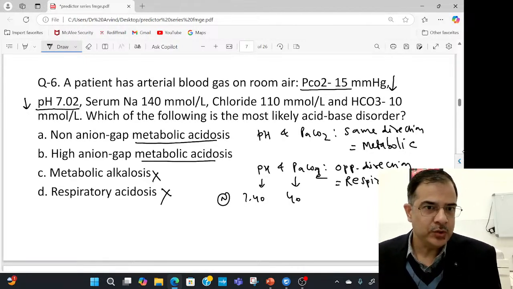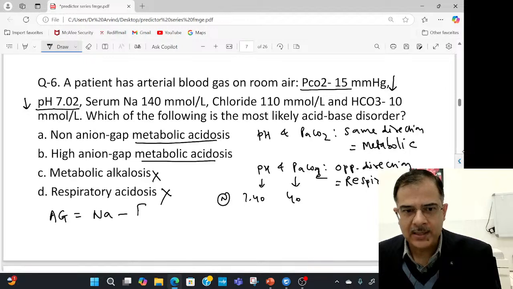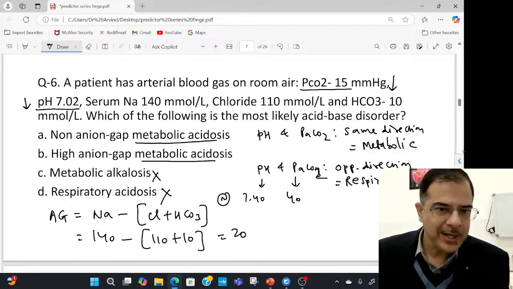anion gap is being mentioned, so you have to calculate the anion gap. Anion gap is nothing but sodium minus the sum of chloride plus bicarb. So sodium is 140, chloride is 110, and bicarb is 10. So it is coming out to be 20.